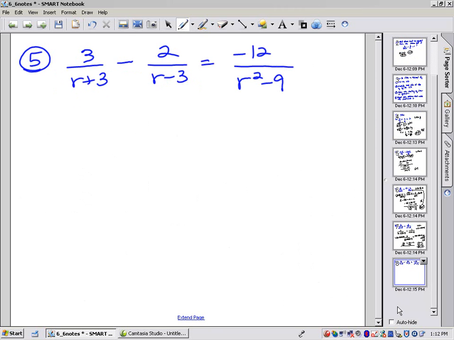Let's look at one last example. 3 over r plus 3 minus 2 over r minus 3 is equal to negative 12 over r squared minus 9. Well, r squared minus 9 factors as r plus 3 times r minus 3, so that happens to be our least common denominator.